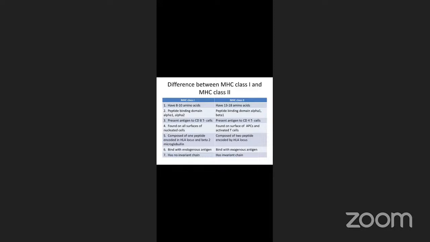MHC molecule 2 is found on the surface of antigen presenting cells and activated T cells. The main difference between MHC class 1 and 2 is that class 1 is present on all body cells, but MHC class 2 is only present on antigen presenting cells, which act professionally as antigen presenting cells.